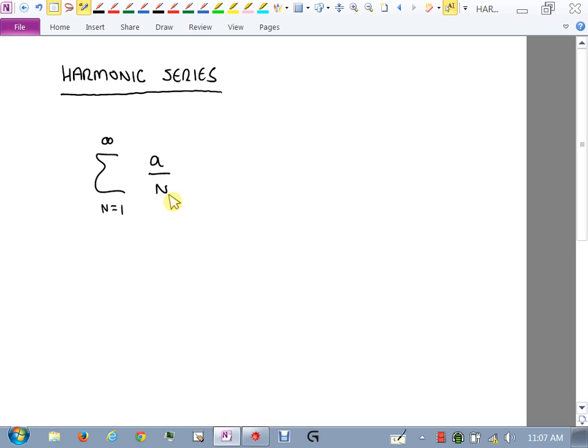It goes up 1, then 2, then 3. Every term in the sequence is growing by a constant integer power. If I wrote this out, this would be A over 1 plus A over 2 plus A over 3 forever. Guaranteed, all harmonic series diverge, become infinite. So this will always diverge.